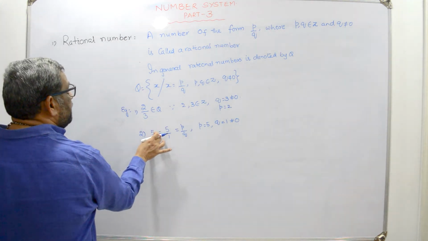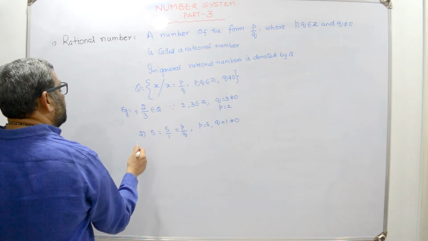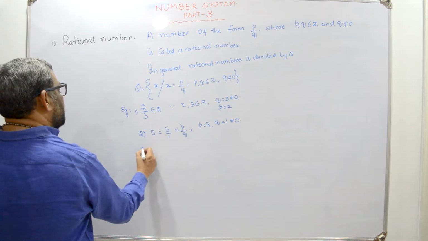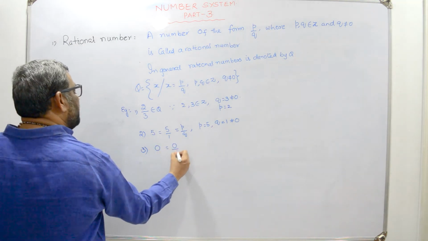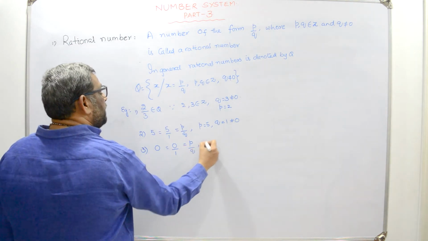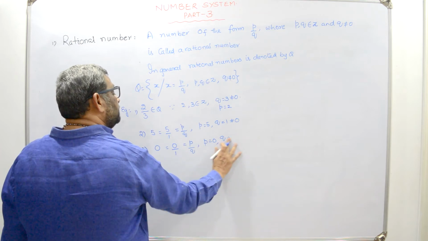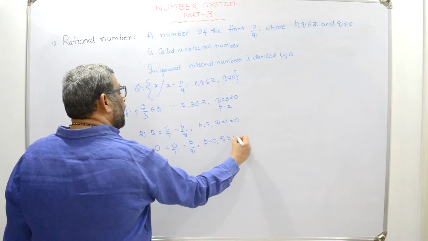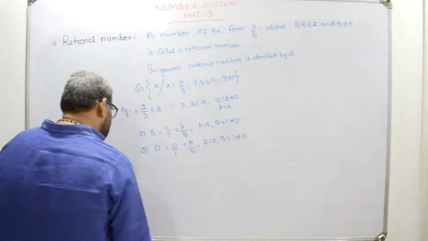Therefore, this number, which is a natural, or you can call whole number, is also a rational number. If you take 0, you can write 0 by 1. You can write P by Q, P is equal to 0 and Q is equal to 1 not equal to 0 and P comma Q both are integers.